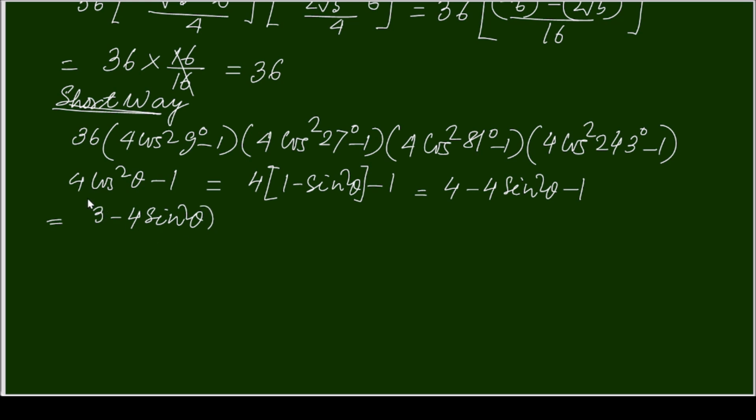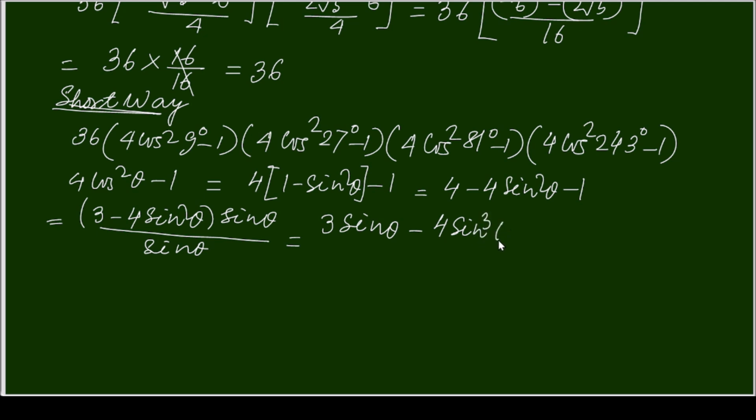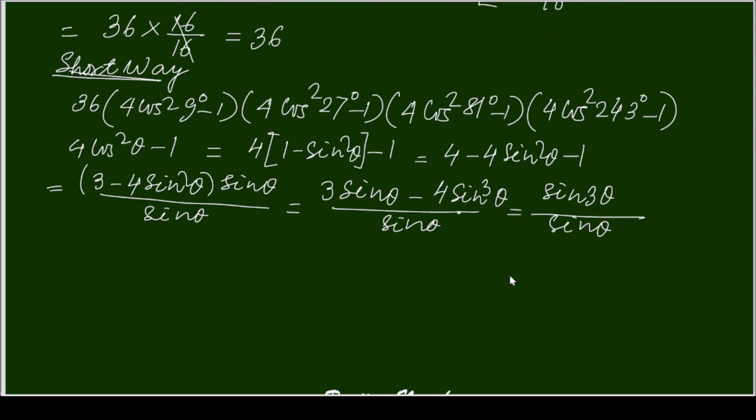Now I'll multiply sine theta in both the numerator and denominator. So in the numerator I am getting 3 sine theta minus 4 sine cube theta over sine theta. The numerator is a familiar expression, that is sine 3 theta. So the whole expression can be written as sine 3 theta over sine theta.